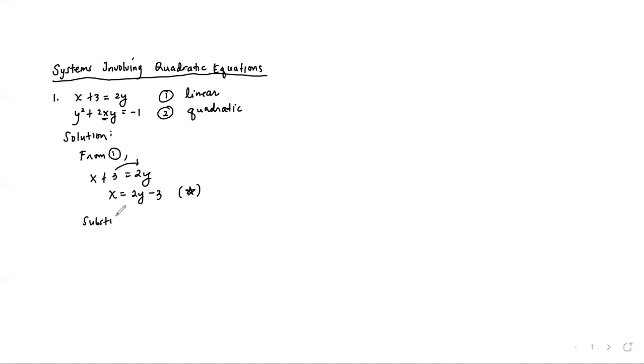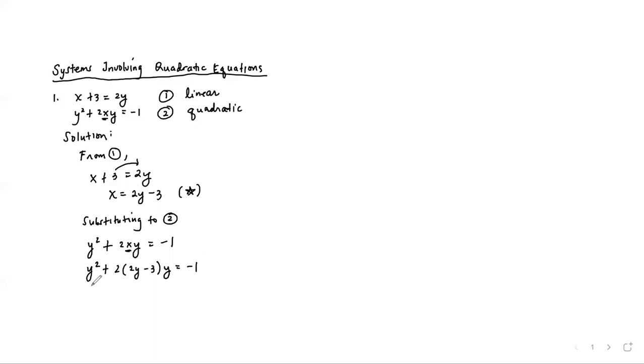So from the star equation, we're going to substitute it into equation number 2, or into the quadratic equation. So we have y squared plus 2xy equals negative 1. So for the variable x, we're going to replace this by 2y minus 3. So we get y squared plus 2 times (2y minus 3) times y equals negative 1.